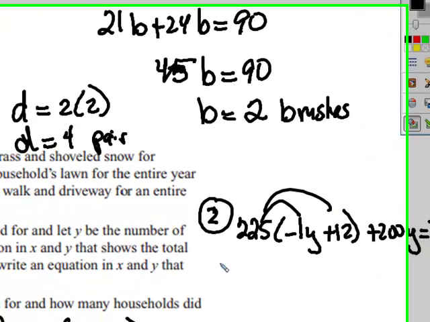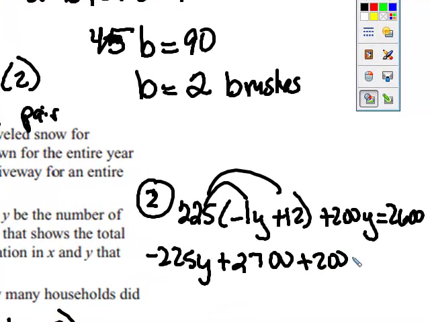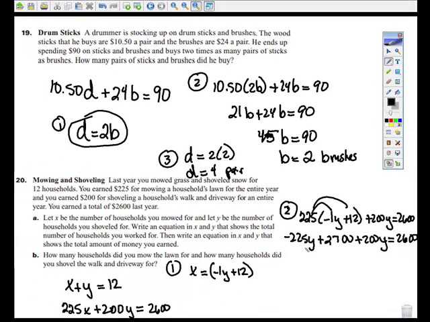Distribute the 225 and I get negative 225y plus 225 times 12 is 2,700 plus 200y equals 2,600. Combine my like terms, that's going to give me negative 25y plus 2,700 equals 2,600.